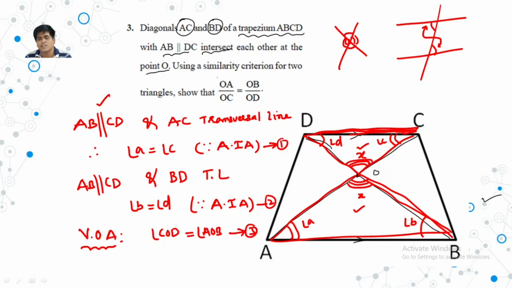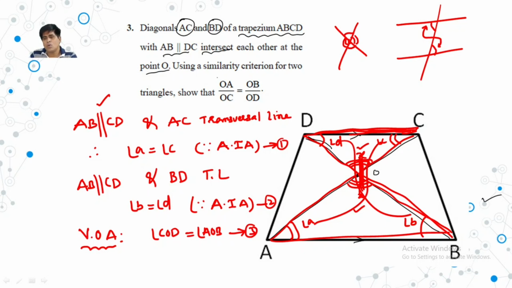This angle is equal to this angle, this angle is equal to this angle, and vertically opposite angles are equal. So clearly, these two triangles are similar by AA criterion, because all three angles of one triangle are equal to all three angles of another triangle. So we can call these similar triangles.